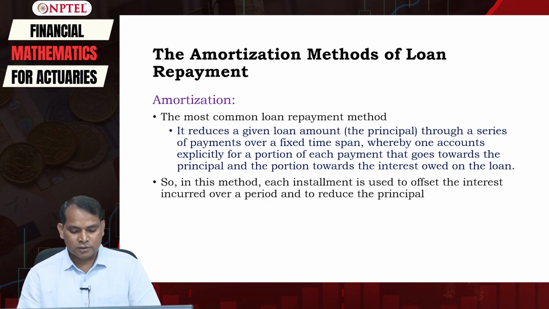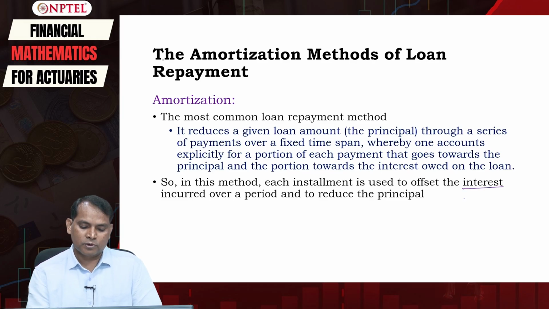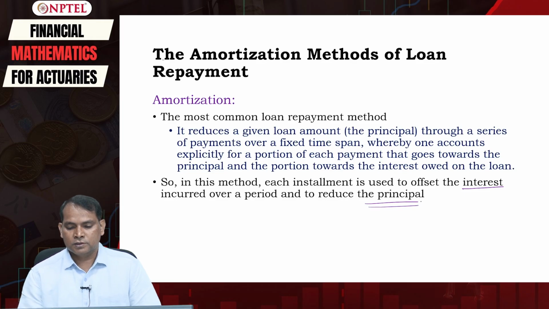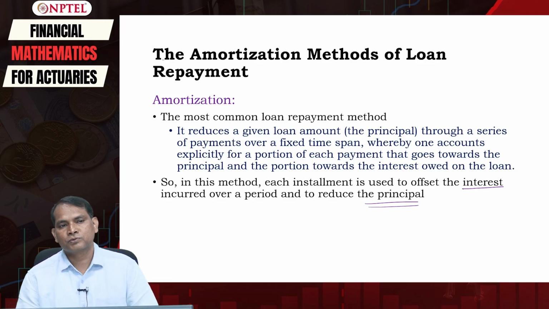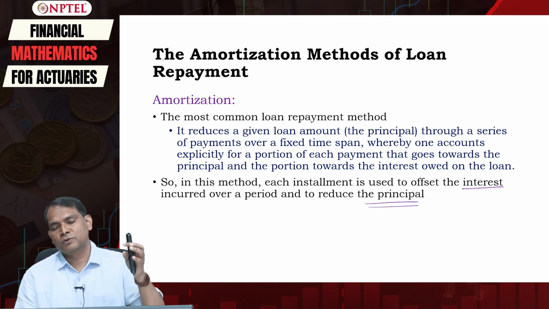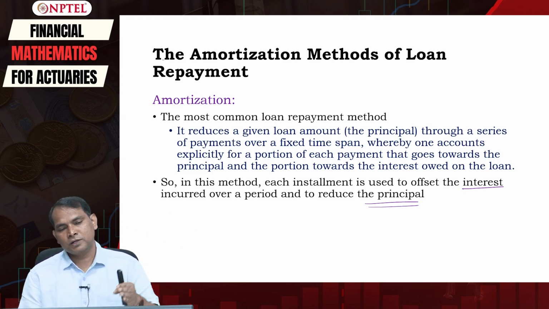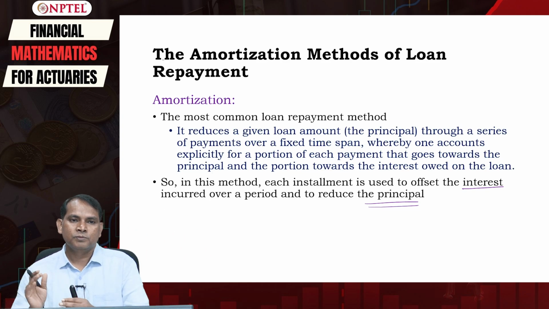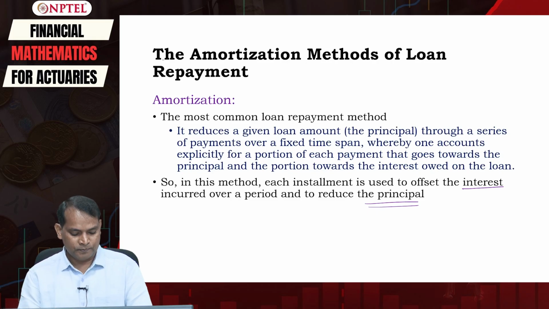So, in this method, each installment is used to offset the interest incurred over a period and to reduce the principal. So your installment amount will be divided so that some amount will go towards the interest due and some amount will go towards the principal reduction here.